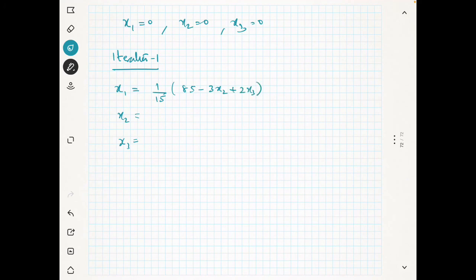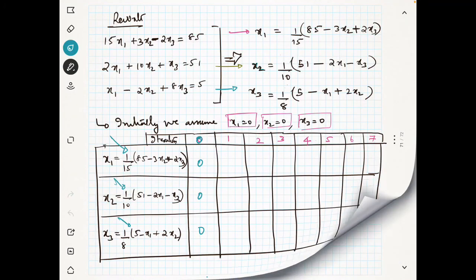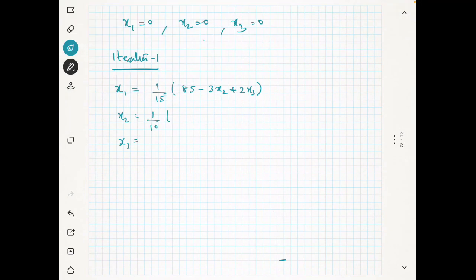If I put x1, x2, x3 everything 0 in this equation, there is no x1 in this equation. So next I will do the calculation for 1 by 10 into 51 minus 2x1 minus x3. Actually there is no z, it's minus x3.